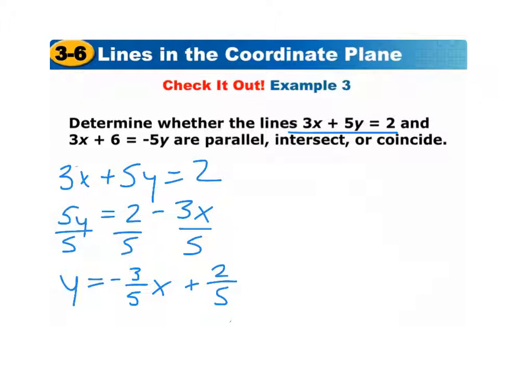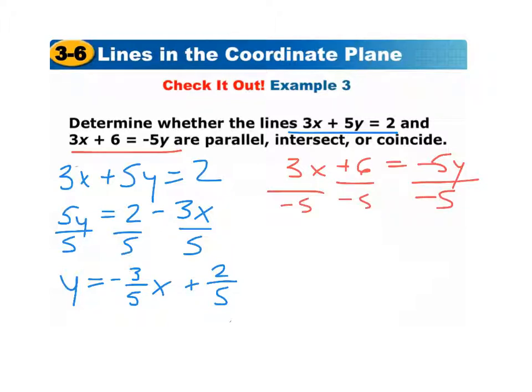So now let's look at our second line, 3x plus 6 is equal to negative 5y. What can we do? Divide by the negative 5. So we have y is equal to negative 3 over 5x minus 6 over 5.